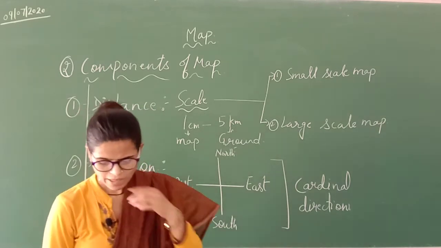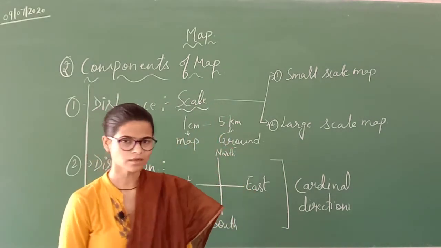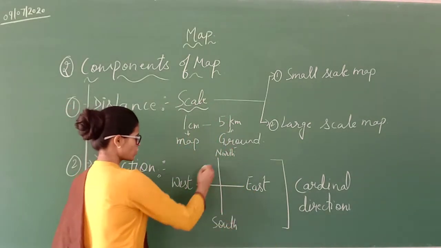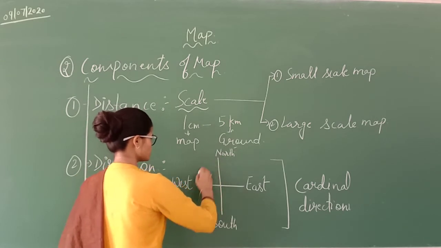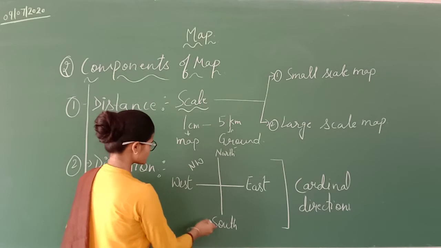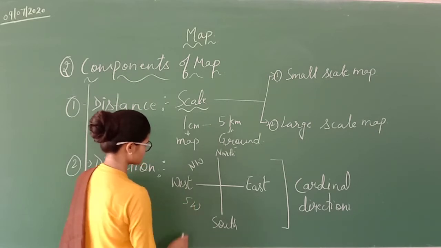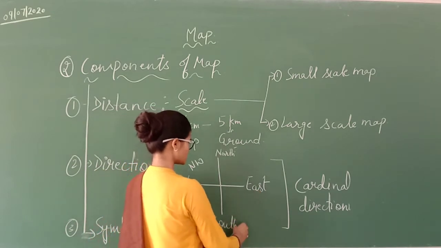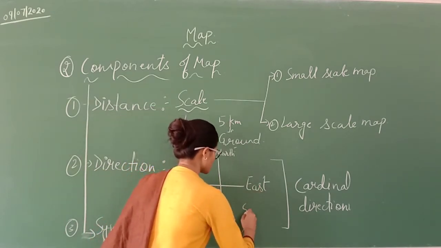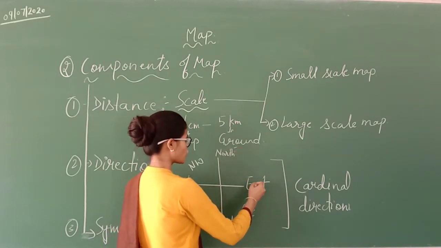The other four intermediate directions are north-west, this portion will be north-west. Then we have south-west, this portion will be south-west. Then we have southeast, this portion is denoted as southeast, and then we have northeast.